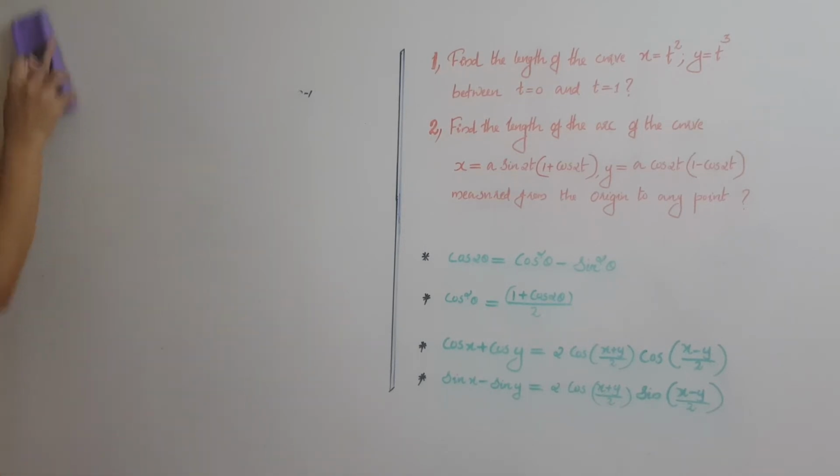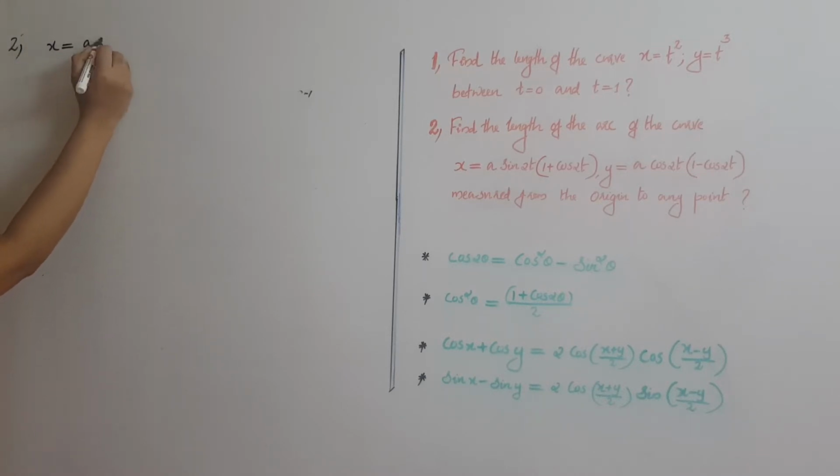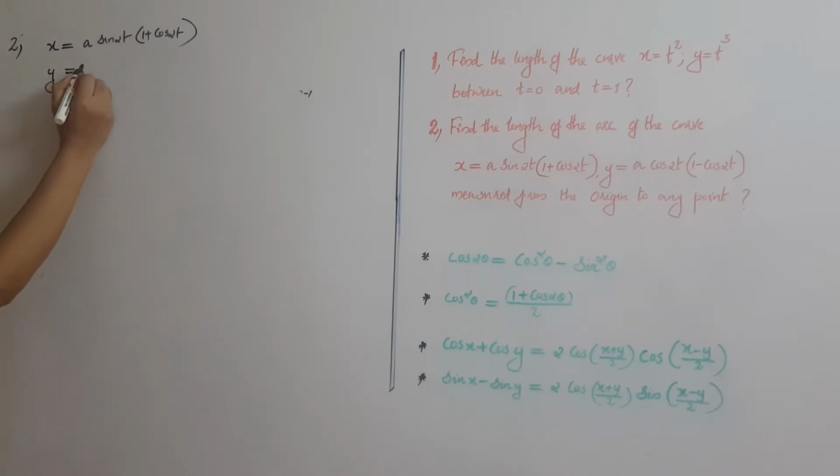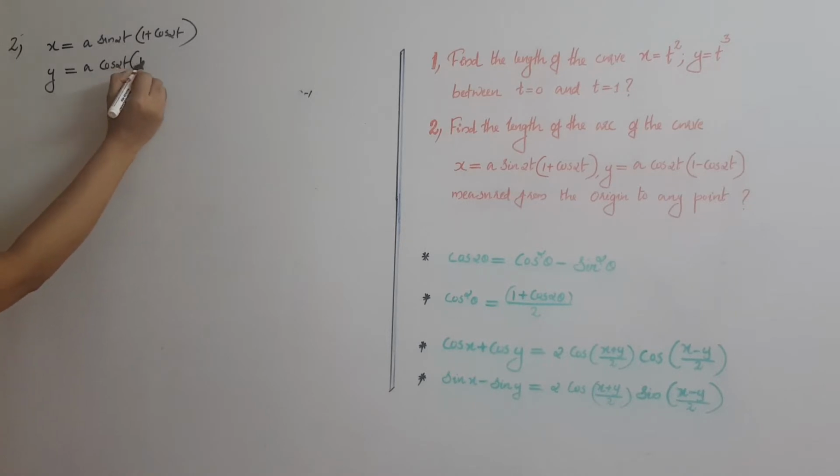Now the second question is, find the length of the arc of the curve x is equal to a sine 2t into (1 plus cos 2t), and y is equal to a cos 2t into (1 minus cos 2t), measured from the origin to any point.